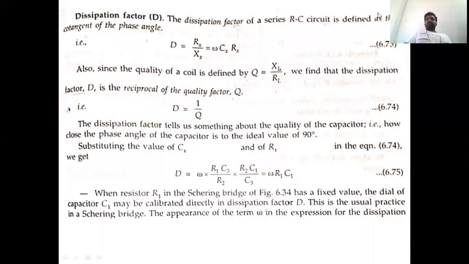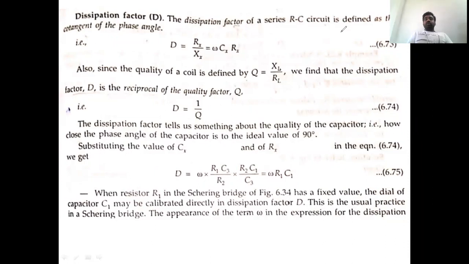If we study the concept of a dissipation factor in a particular RC circuit, it will discuss the quality factor of the capacitor and the dielectric loss of the capacitor.